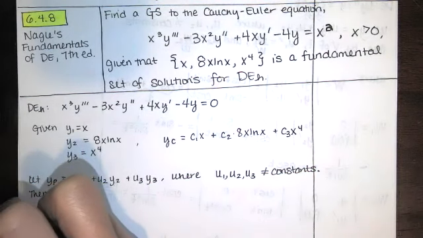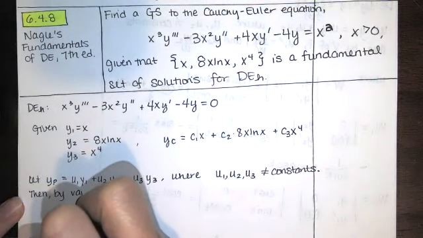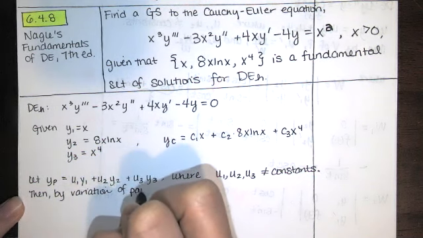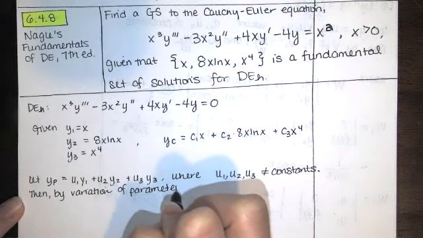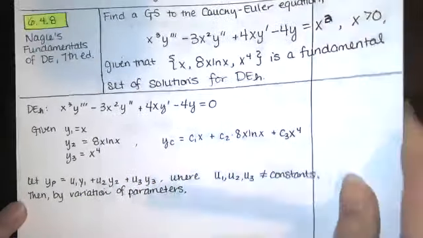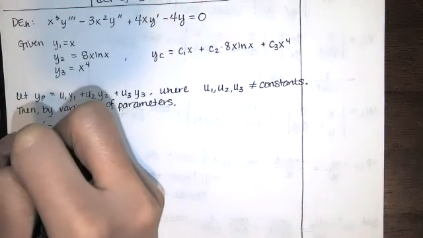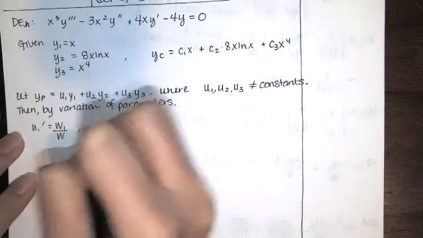Then by variation of parameters, the derivation that we did in class or in the videos, u1 prime, u2 prime, and u3 prime are given by these expressions.